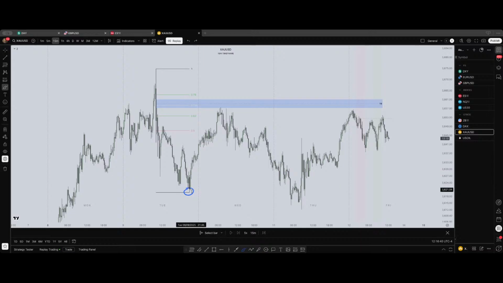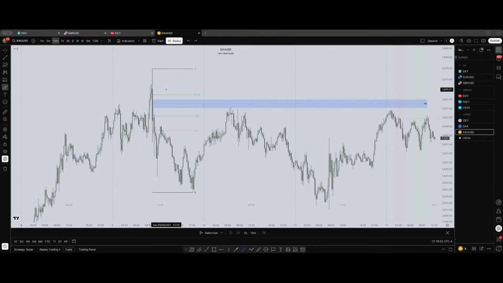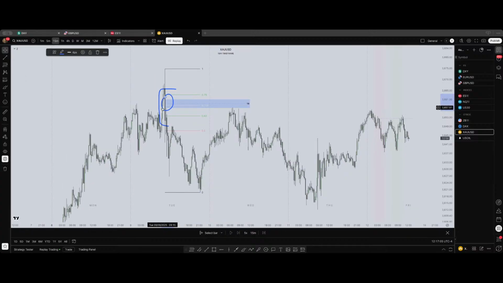So this is an important point. From this high to this low there is a range. I did my Fibonacci, and as you can see, inside the optimal trade entry we have an imbalance, a 15-minute imbalance. So this was the area I was looking at for taking a short position.